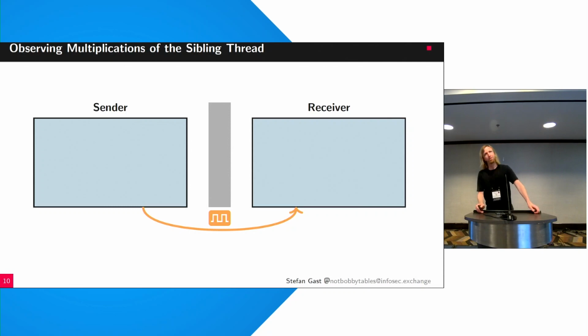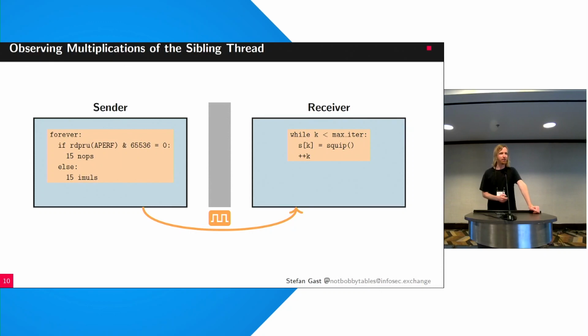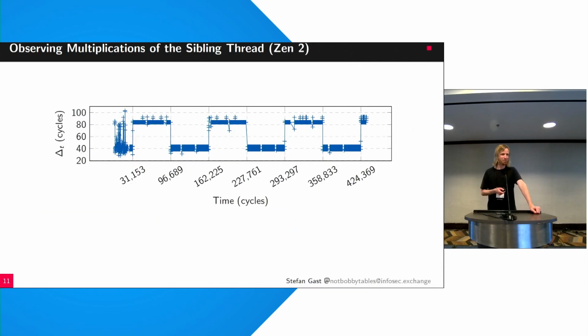We can also observe this across hyperthreads. So what do we do? Well, we build a simple sender that in an alternating way executes some nops or some multiplications, and on the receiver, we just record the signal over time.